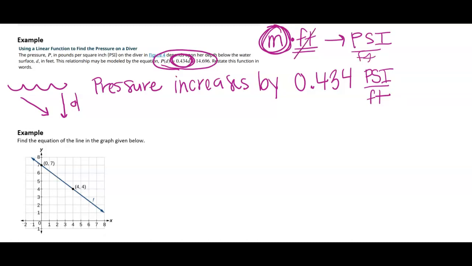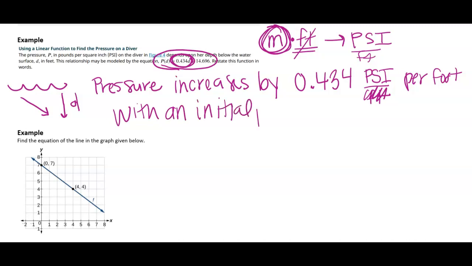So pressure increases by this amount, or we could say PSI per foot, so that it's in words there, with an initial pressure of 14.696 PSI.